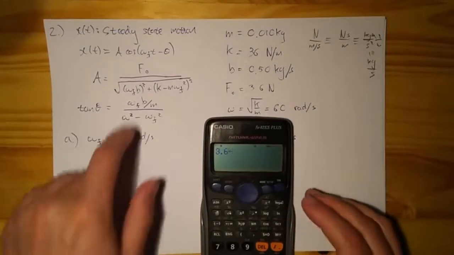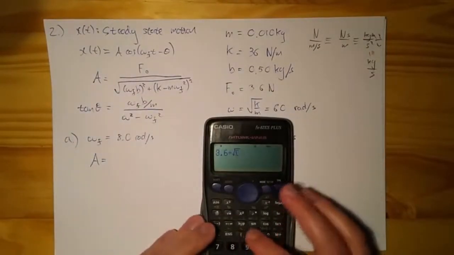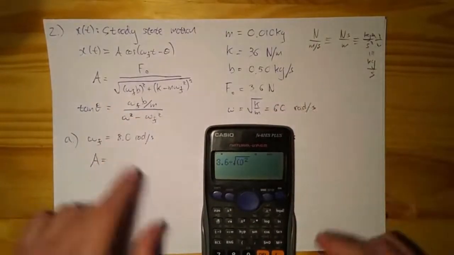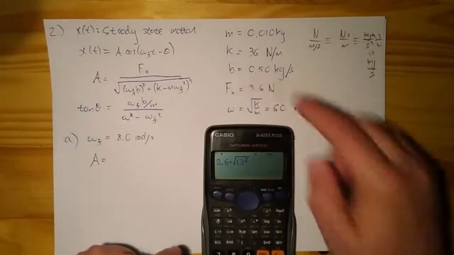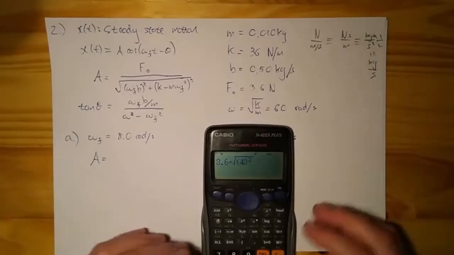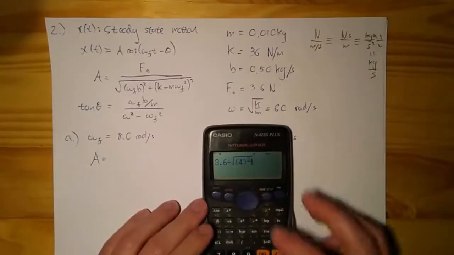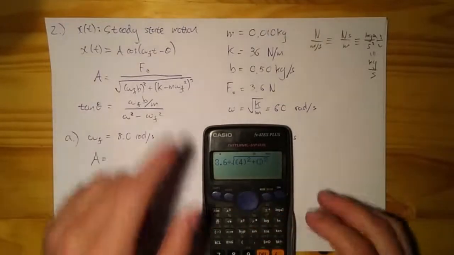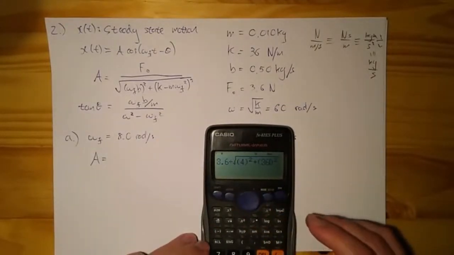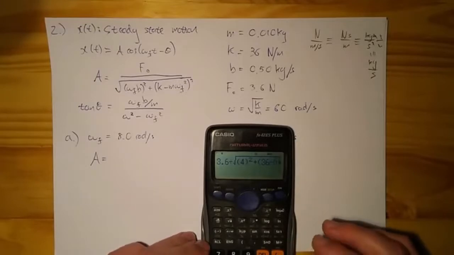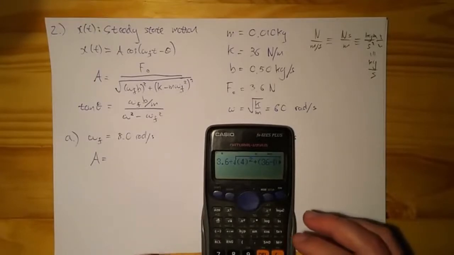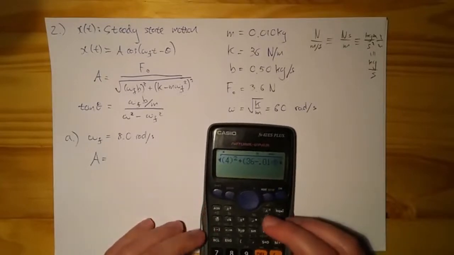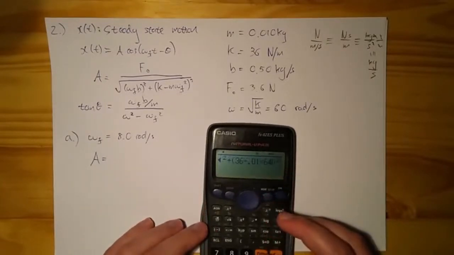3.6 divided by the square root of, what's that? omega_f is 8 here, 8 times b, so that's 4. So 4 squared, plus k, 36 minus 0.01 times omega_f squared, so that's 64.